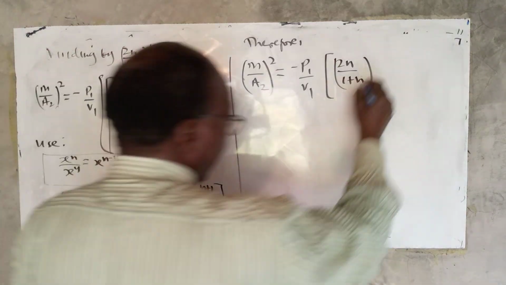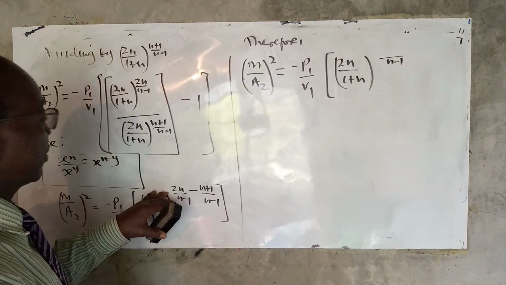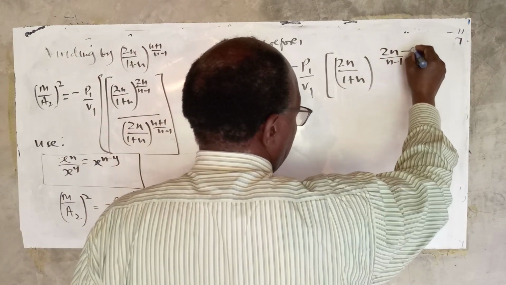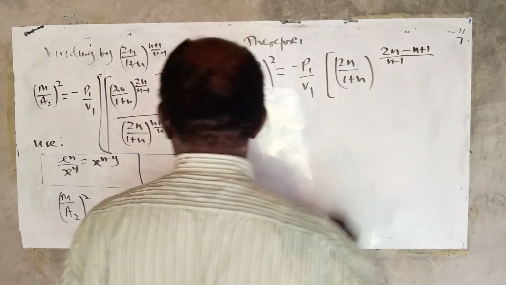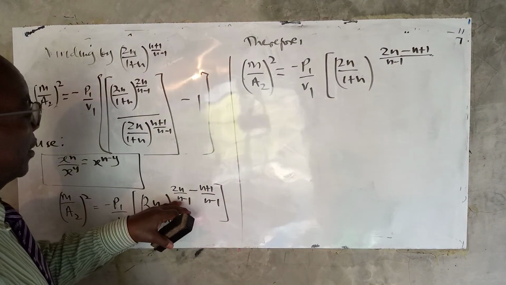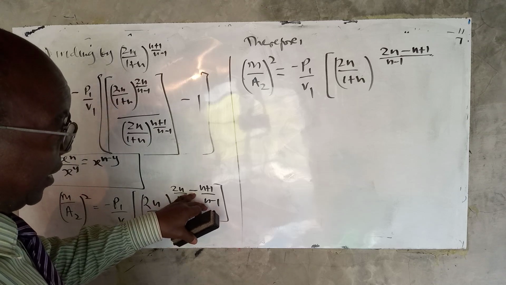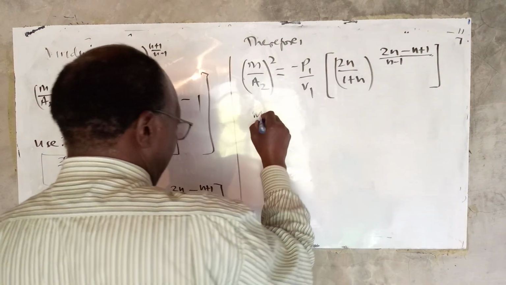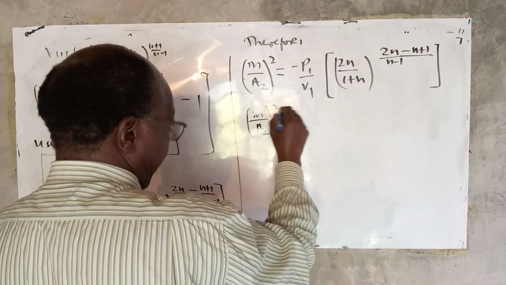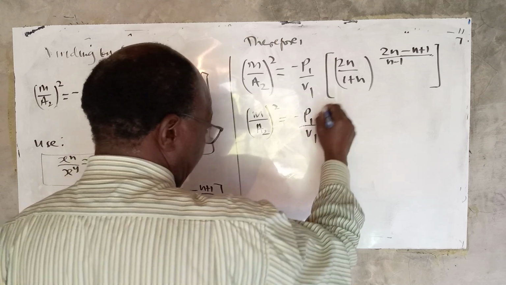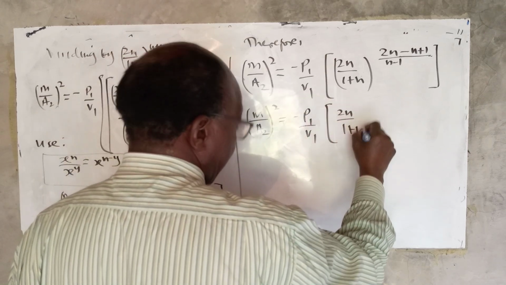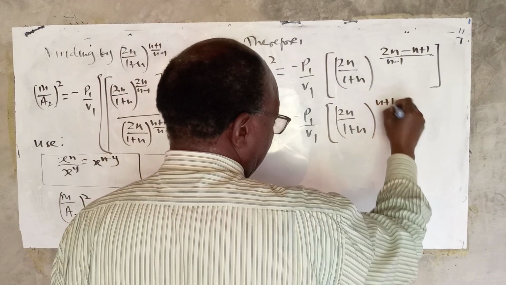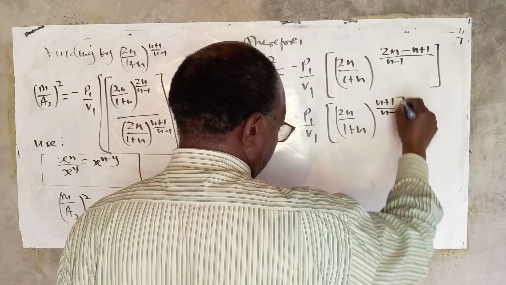Solving this, we have LCM as n minus 1, so that will be 2n minus n plus 1. 2n, that is 2n minus n plus 1. So this quantity here simply becomes m over a2 squared is equal to minus p1 v1 into 2n over 1 plus n into n plus 1 over n minus 1.